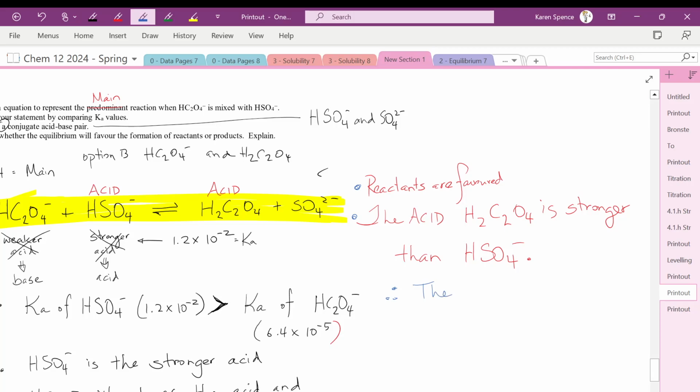The reverse reaction is favored. Could we say that? And therefore, reactants are favored. Yes?